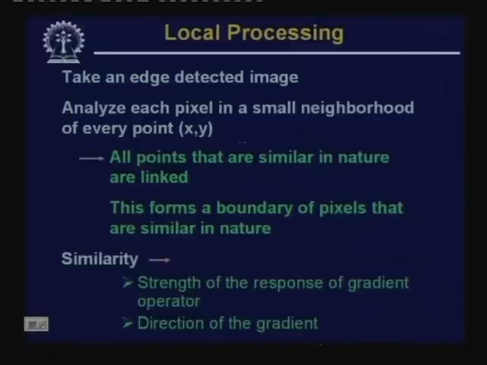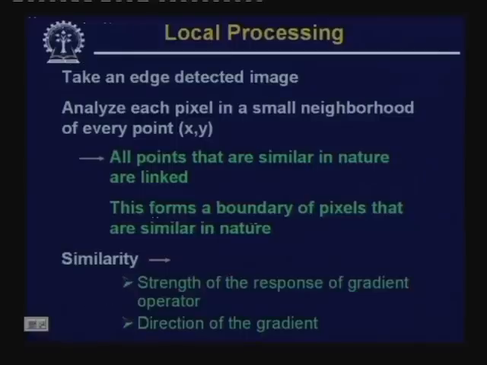In this edge detected image, we analyze each pixel in a small neighborhood. For every point (x, y), if that is an edge pixel, we take a small neighborhood of the point (x, y) and we link the other edge points within this neighborhood with the point (x, y) if they are similar in nature.